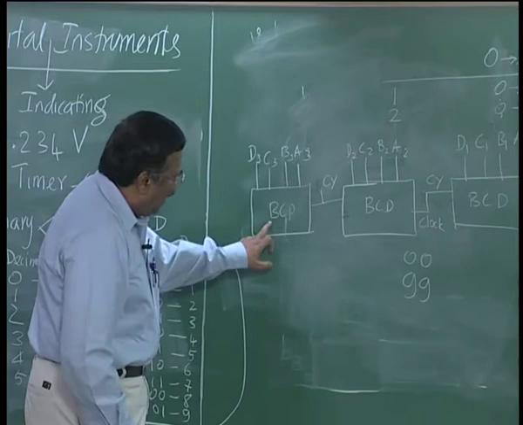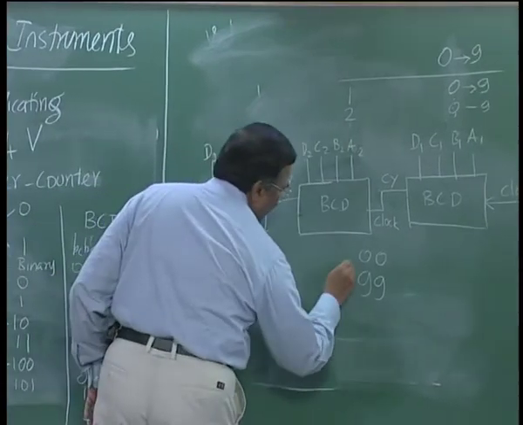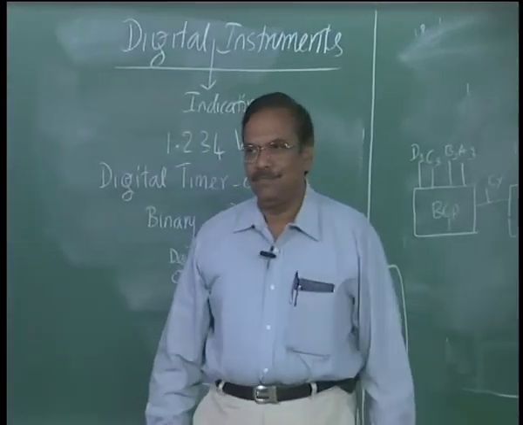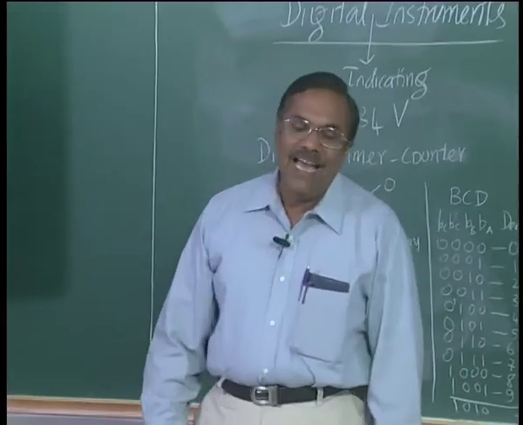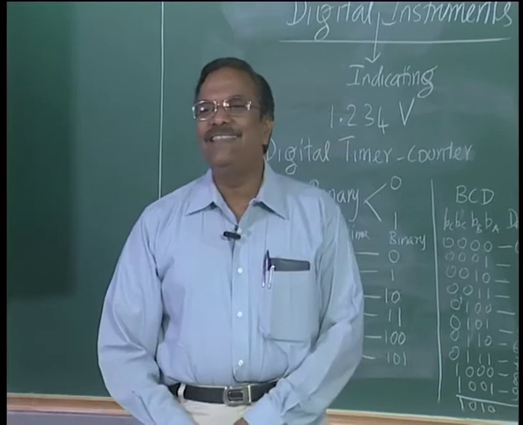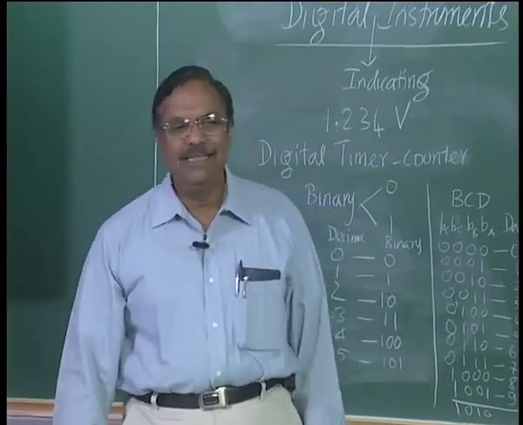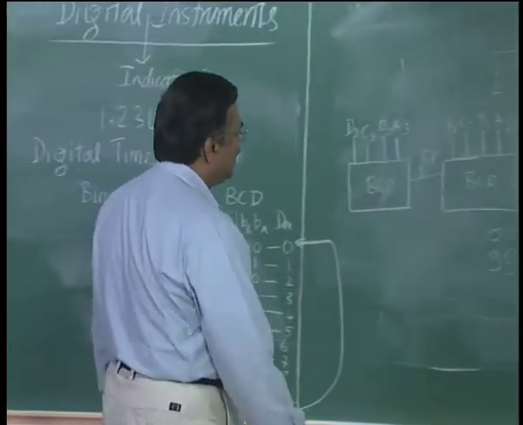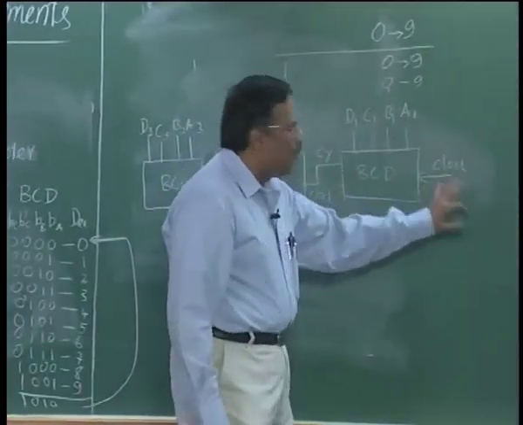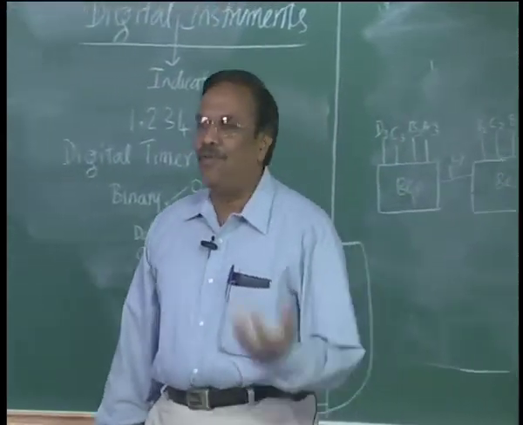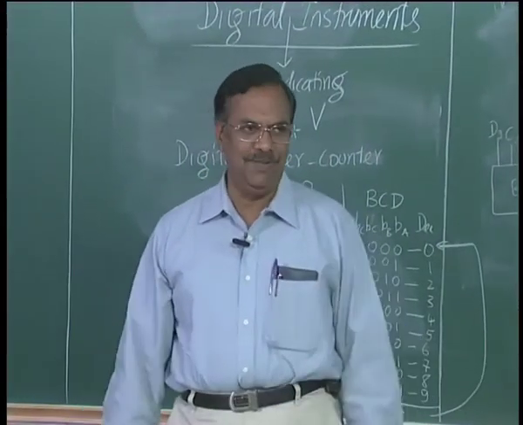Then I can now count from 000 to 999, right. So, I have what is known as a 3-digit BCD counter, right, 3-digit BCD counter. This will simply count the number of ones and zeros, right, the 1 0 transition or 0 1 transition depending upon the type of logic we use, right.